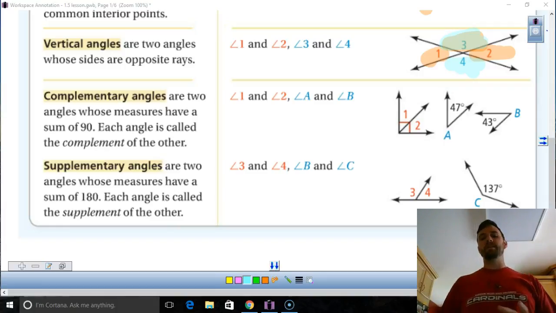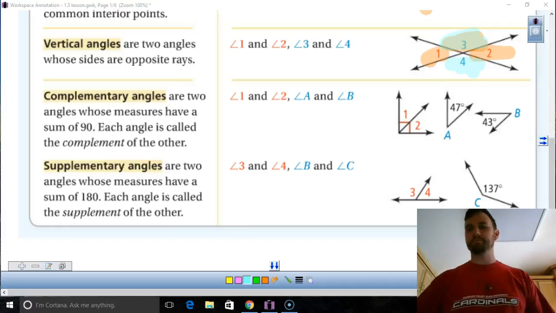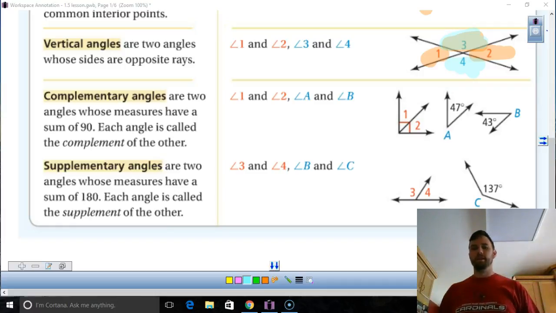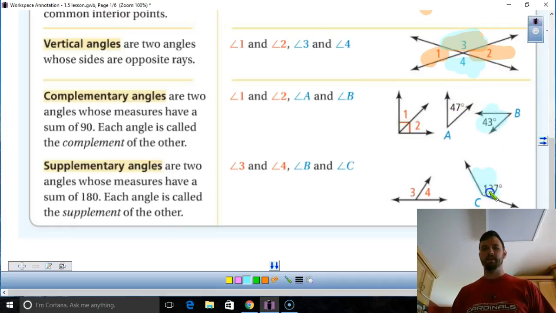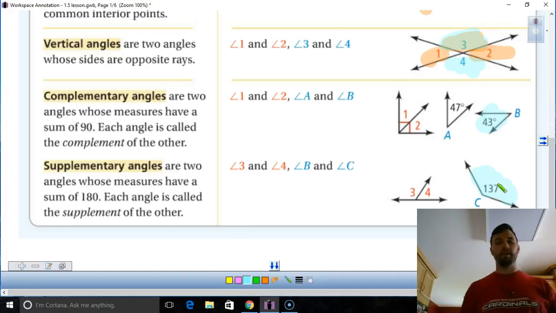B and C are complementary or supplementary. They don't have to touch, but what's 137 plus 43? It's 180.